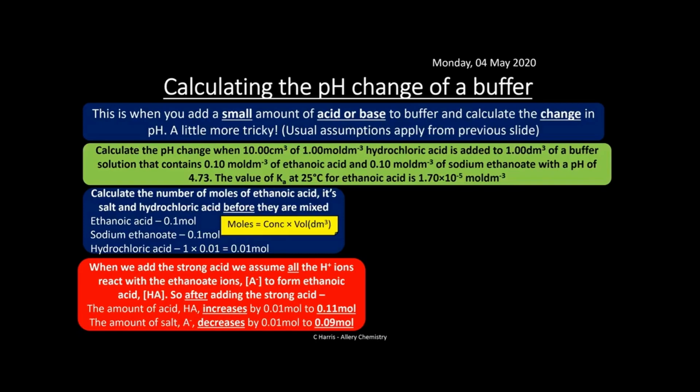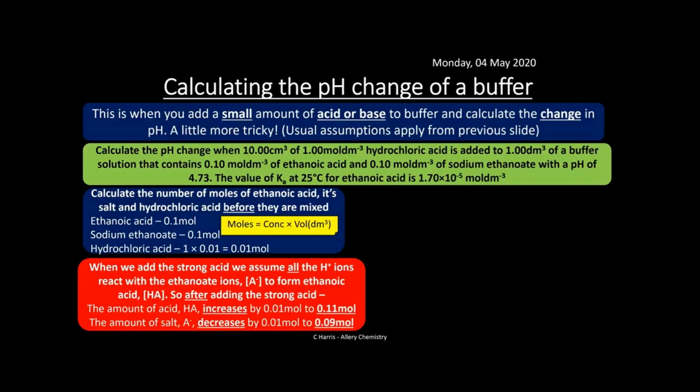We add H⁺, and the H⁺ will react with the salt ion to produce the acid. Remember that from the other slide. So the amount of acid will increase by the same number of moles as the strong acid you've added. We've added 0.01 moles of strong acid to the buffer, and that will produce an extra 0.01 moles of weak acid, because adding H⁺ ions to a buffer will increase the amount of weak acid.